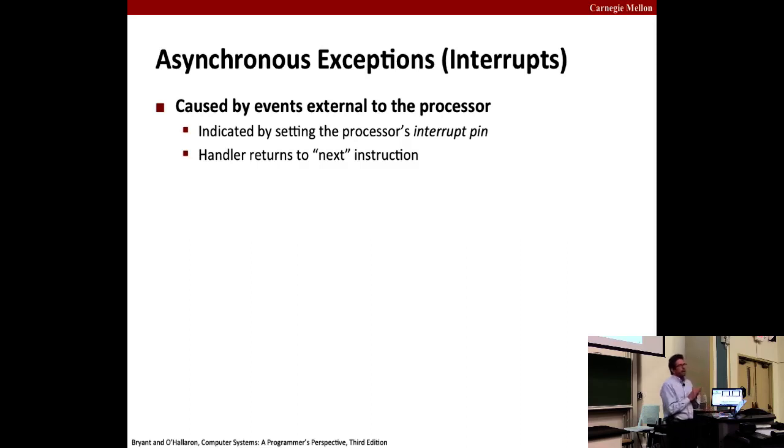So when, say, a disk controller finishes doing a direct memory access and copying data from the disk into memory, it notifies the processor that it's finished that copy by setting the interrupt pin high.